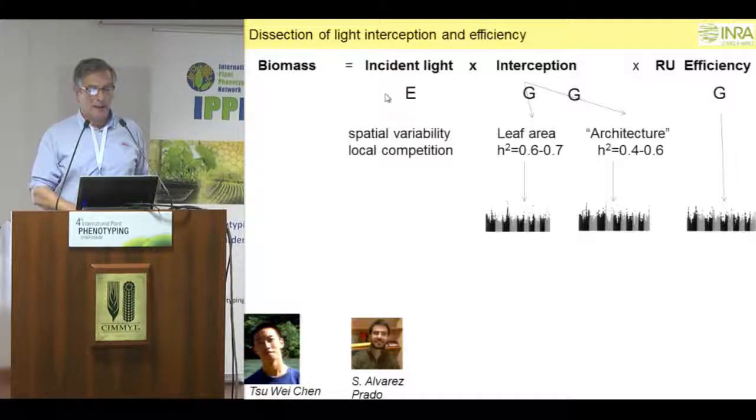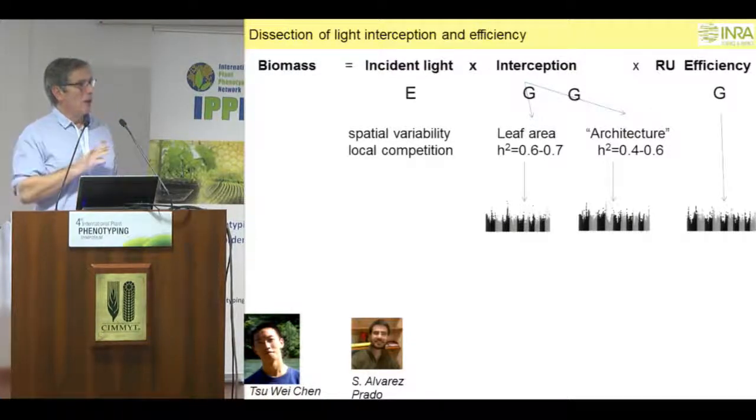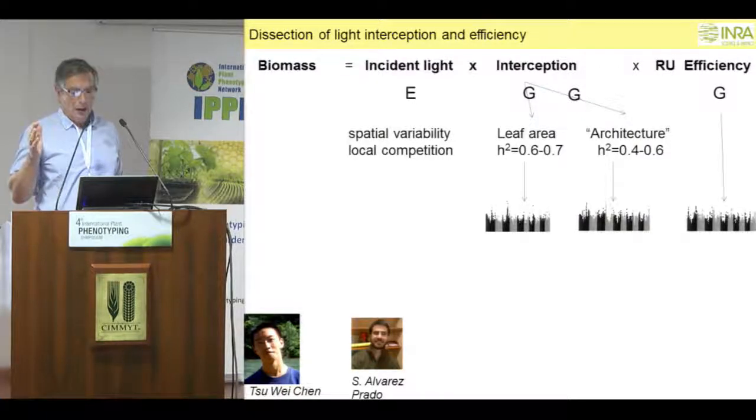Okay, incident light, so we are not interested in that. But we have leaf area, and we have in the panel quite decent heritabilities. Architecture, we have acceptable heritabilities, so we have QTL for all of that. Radiation use efficiency. So there was a question this morning about the genetic variability of photosynthesis.